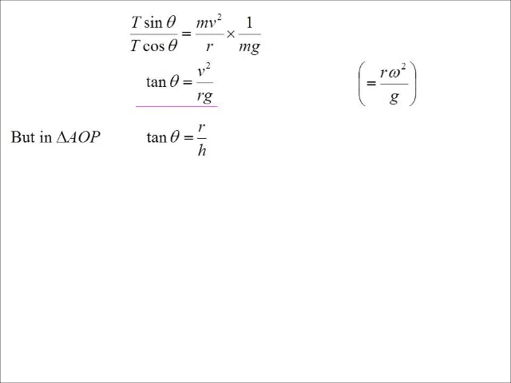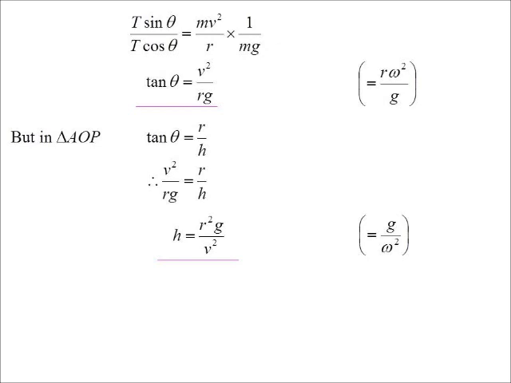I don't need to know the angle, because we know the radius of the cone and the height of the cone, and tan theta is the radius over the height. So I could substitute r over h for tan theta, and I end up with the height of the cone being r squared g on v squared. If I was using angular velocity, very interestingly, it simply becomes g on omega squared.